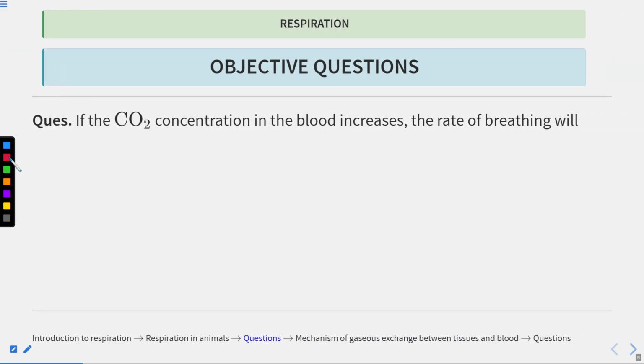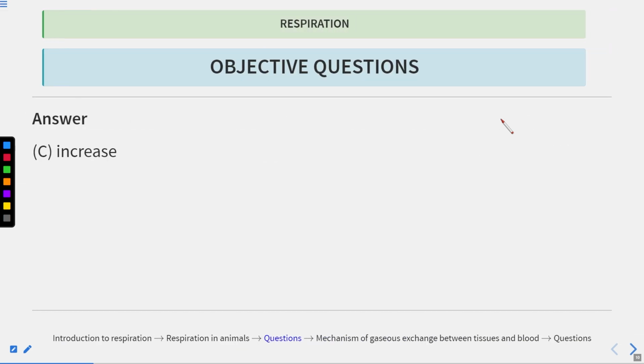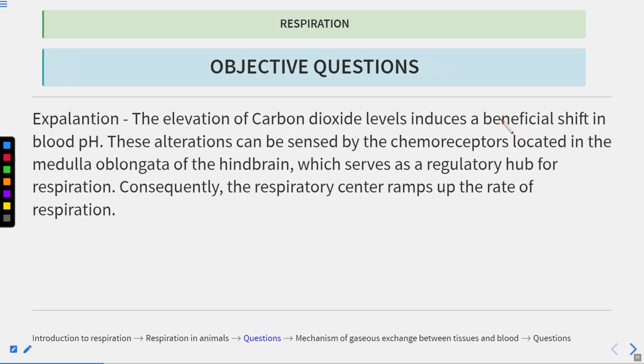The next question is, if the carbon dioxide concentration in the blood increases, then the rate of breathing will be, and the options are, it will decrease, it will stop, it will increase, or it will have no effect. So the answer is, the breathing will increase. Let's have a look at the explanation.